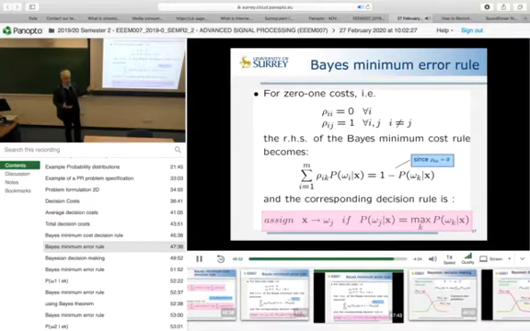And this leads us to a very convenient way of making a decision, which may seem obvious in hindsight, but it says, for these costs, we assign x to class omega j if P of omega j given x is the maximum of all the possible classes.